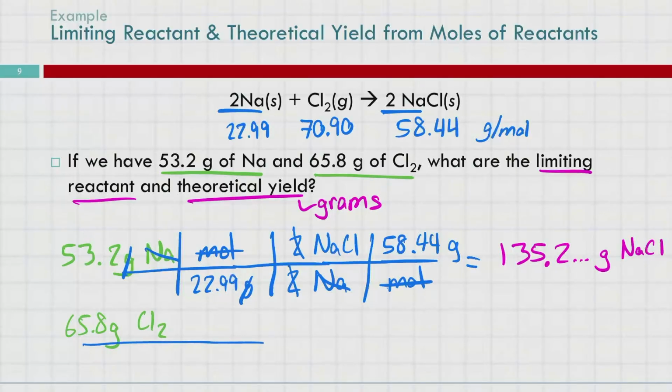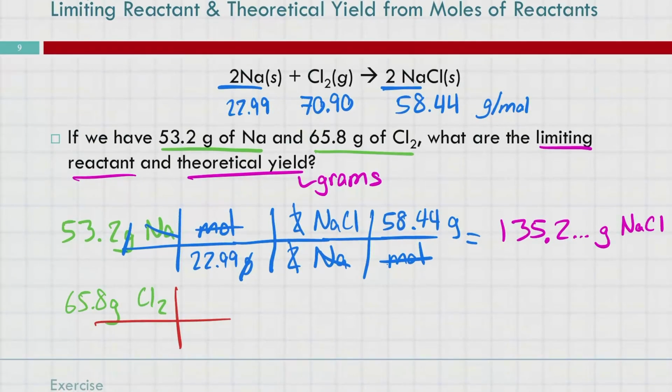All right, so our 65.8 grams of Cl2, chlorine gas. Our molar mass for chlorine is 70.90. So divide by 70.90 grams per mole to get moles of chlorine gas. And now, since we're in moles, we can do the stoichiometry step, the ratio step. And our ratio here is 1 chlorine in turns into 2 sodium chlorides out.